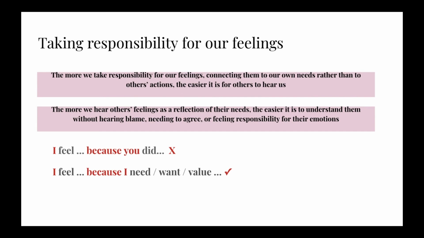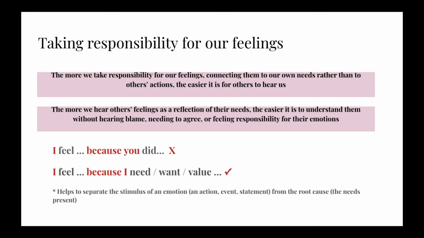This is a way to hold yourself responsible for your own feelings because you have particular needs. So, using the latter phrasing, I feel this because I need something, helps you to separate the stimulus of the emotion, such as an event or an action, from the root cause, which is the need that is present within you.